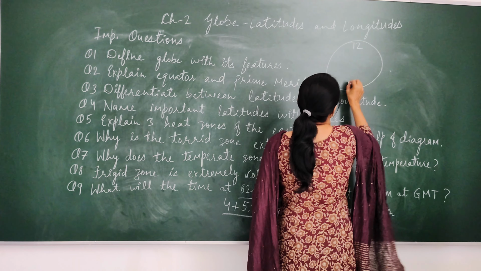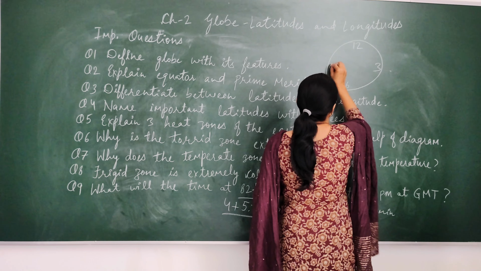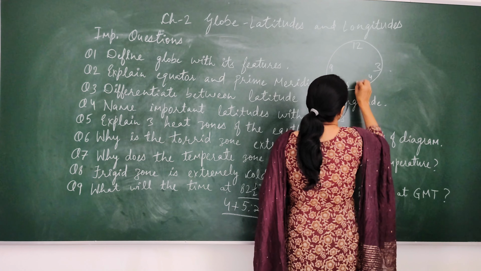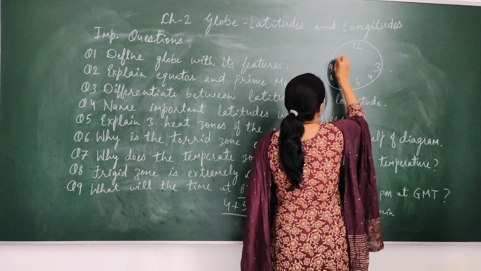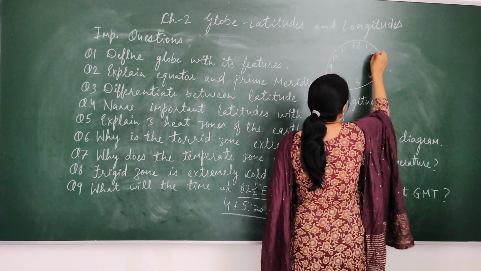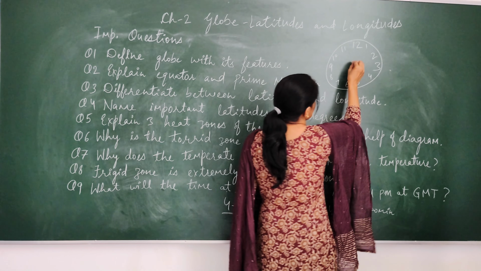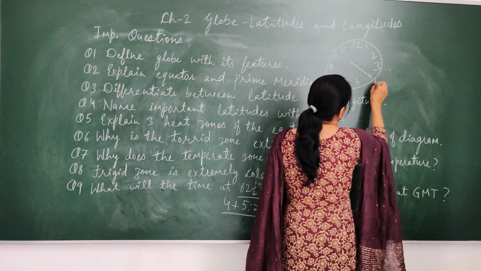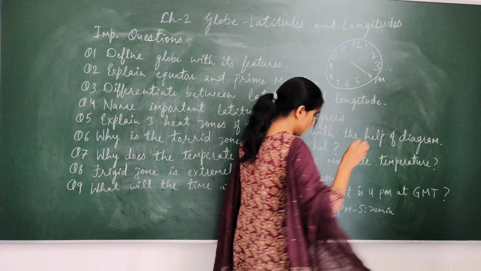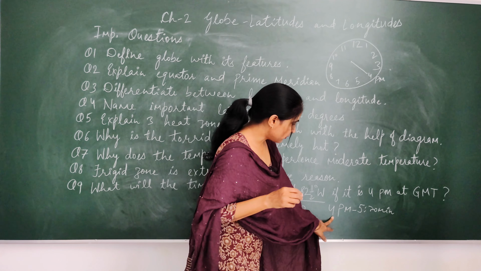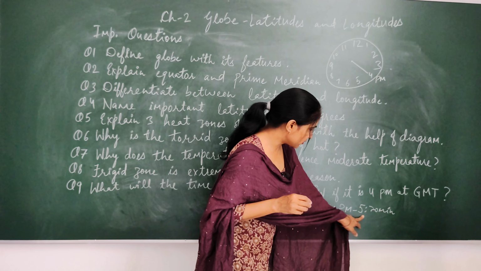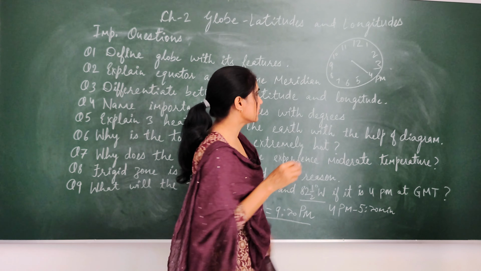This is 12, 6, 3, 9. This is 4, 5, 7, 8, 10, 11, 1, 2. Now this is 4 p.m. We are required to subtract 5 hours 30 minutes from this time.